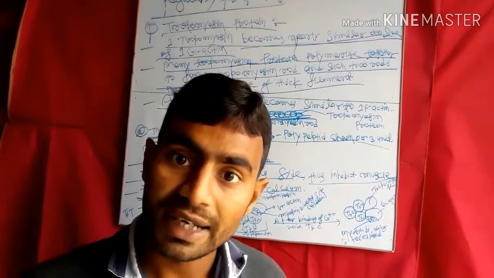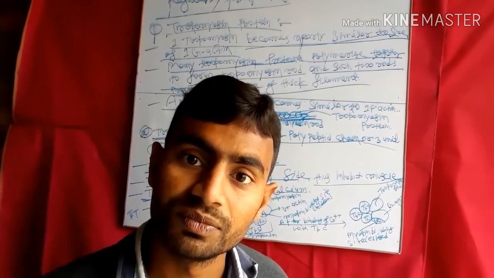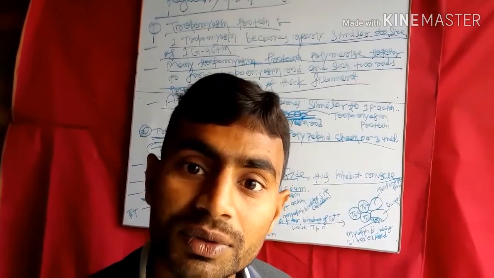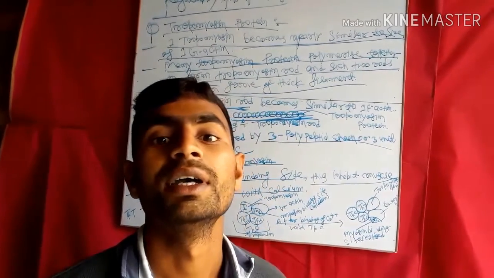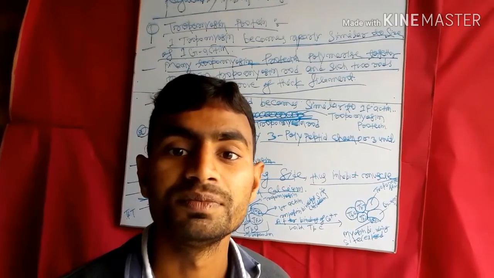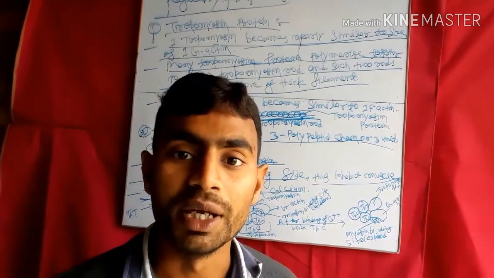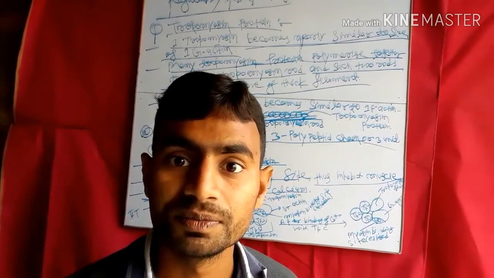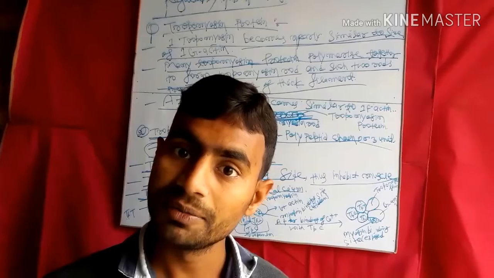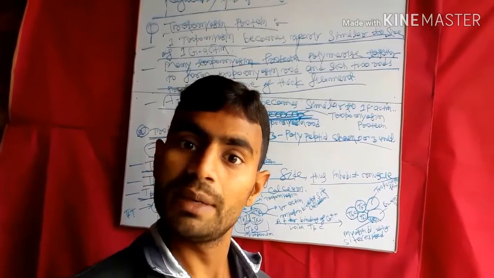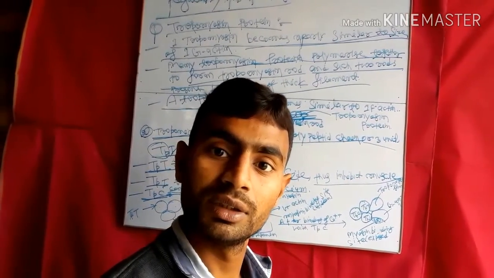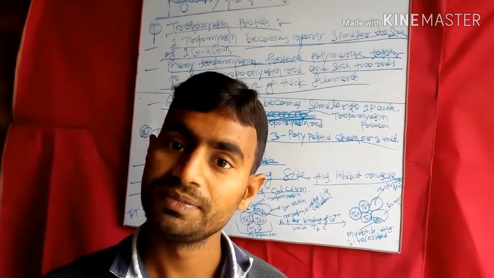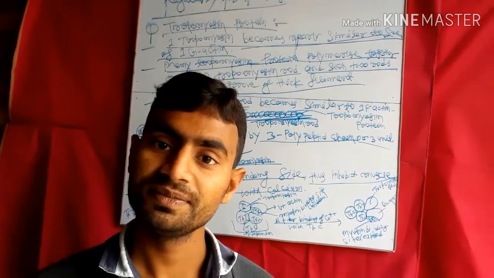After that, muscle contraction happens. Where does ATP hydrolysis happen? In the head part of myosin. Then muscle contraction happens, and when ATP binds with the myosin head part, then muscle relaxation happens. Okay? Thank you.